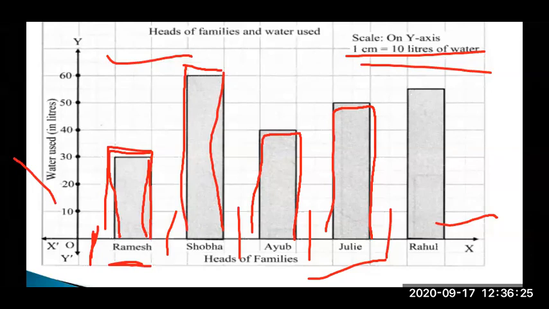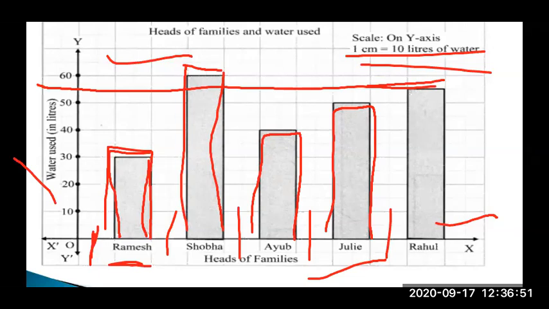After 50, the small lines that come, you will count that line till 5, so it will become 55. Listen properly once again. 55 is not written as a number on the line. So after 50 you will count the small lines till 5: 51, 52, 53, 54, 55. So here will be 55. See, you can see over here it is in the middle of 50 and 60.